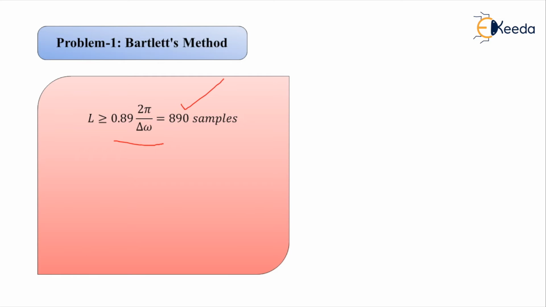Now in part B, we have been asked, using the minimum section length determined in part A, which is the answer we have ready, with 10 seconds of data as stated previously, how many sections are available for the averaging purpose? The solution to part B can be given as such.